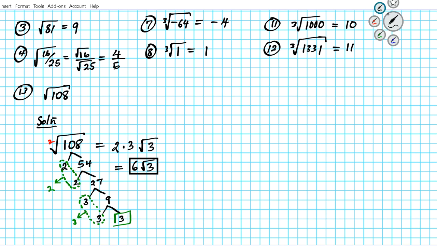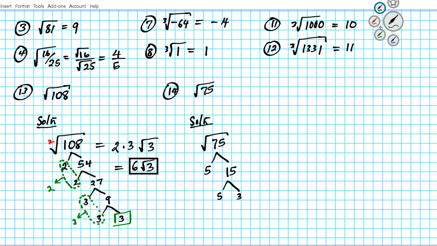All right, let's take a look at number 14. So number 14, what if we want to find the square root of 75? Now, to find the square root of 75, we're going to break it down again. Remember, we have an invisible 2 as an index right here, so every pair comes out as 1, okay? So what goes into 75? It ends in 5, so 5 goes in it for sure. 5 goes into 75 15 times, and then 5 goes into 15 3 times.